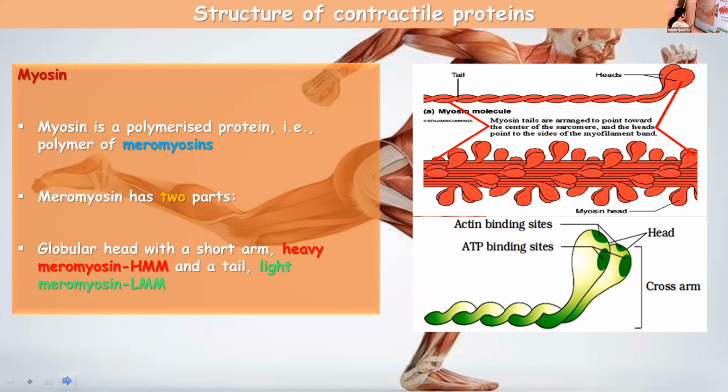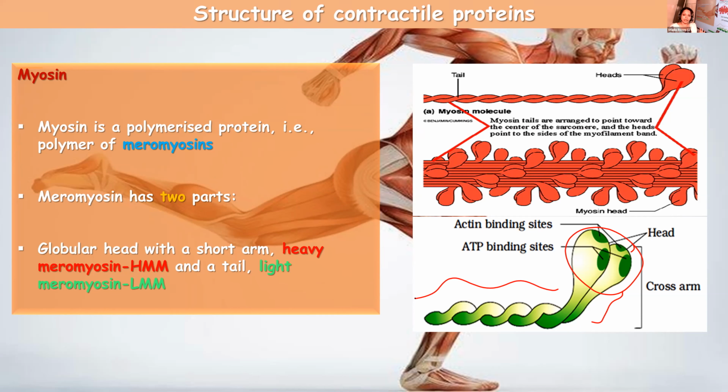Heavy meromyosin consists of a globular head, the head region, with a short arm, and the light meromyosin is made up of a tail.